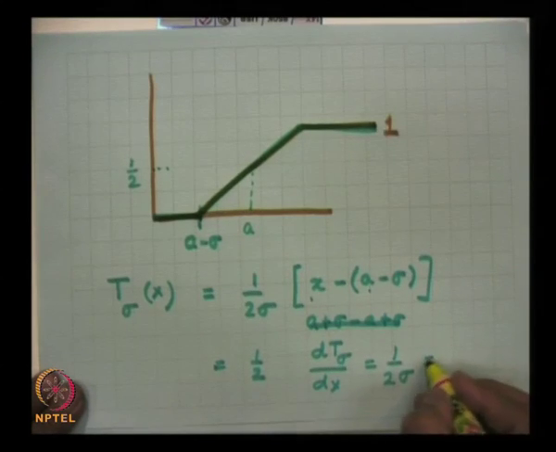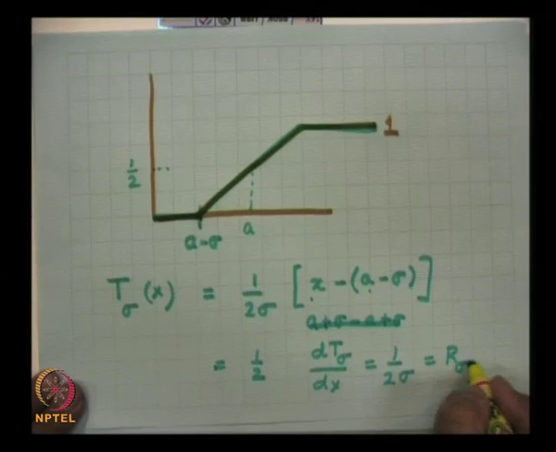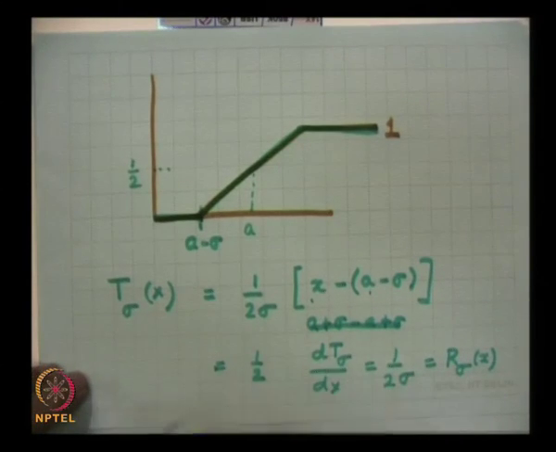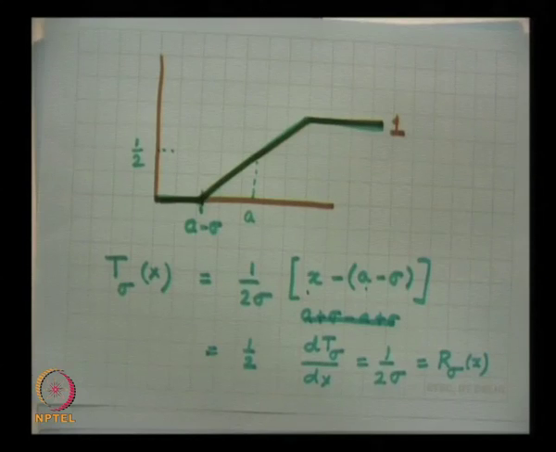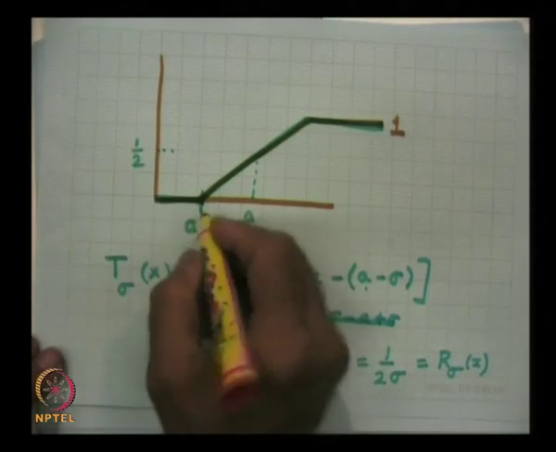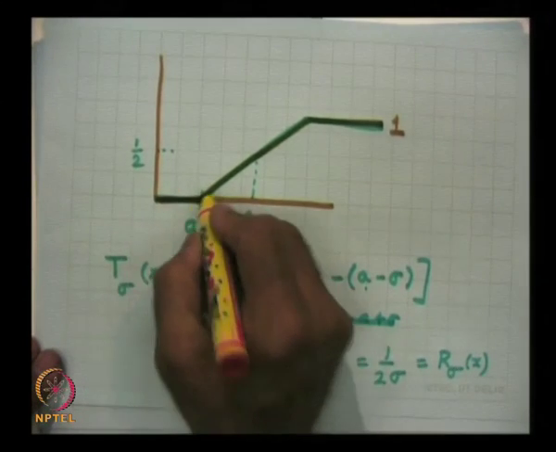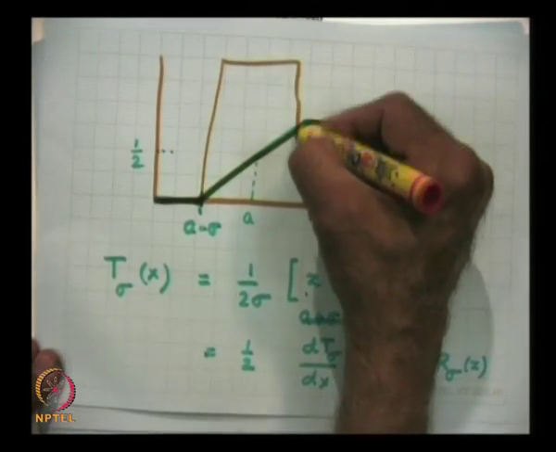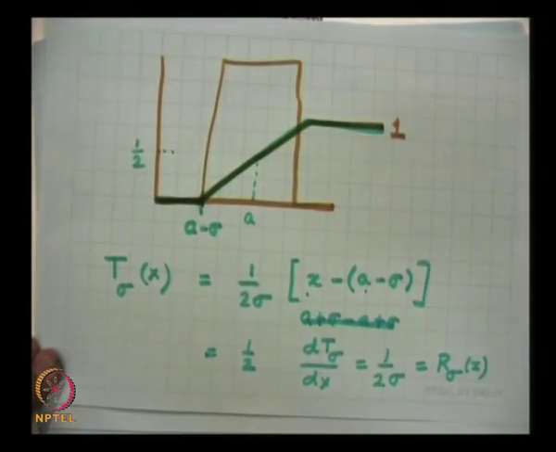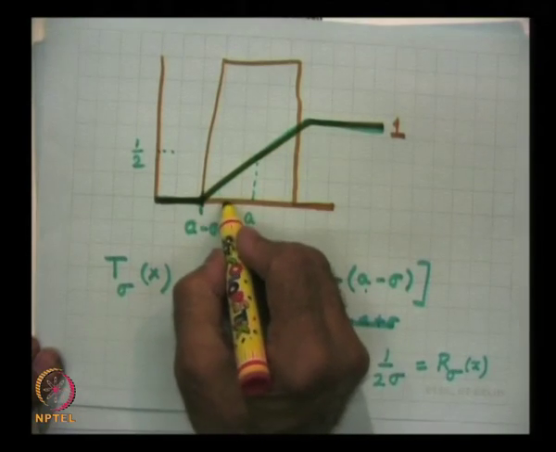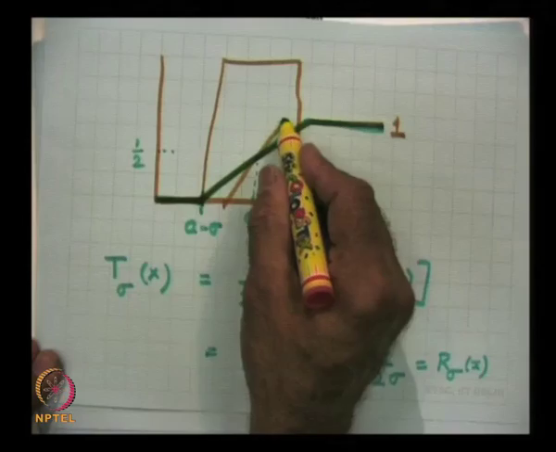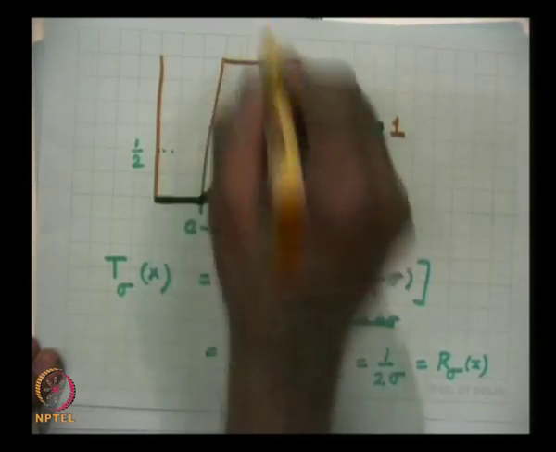So, this is my r sigma of x, the rectangle function. So, the derivative of this function is, if you see carefully, 0 here, it is something like this, and beyond this it is 0. So, as I make sigma smaller, it becomes sharper and sharper.